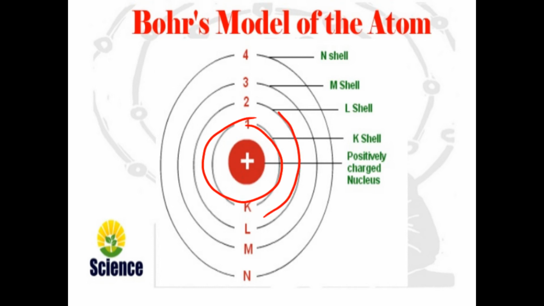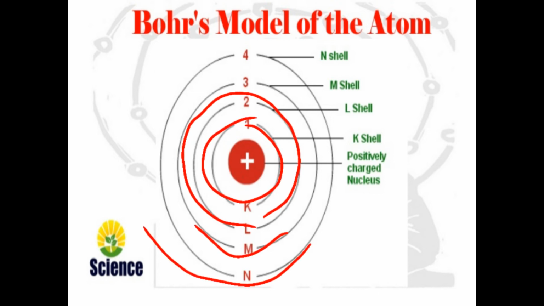Then the electrons revolving in the second orbit, the L shell, have their own energy level, and the energy of L shell electrons is higher than K shell, and then the M shell and N shell. These electrons do not change their energy till they revolve in the same orbit.